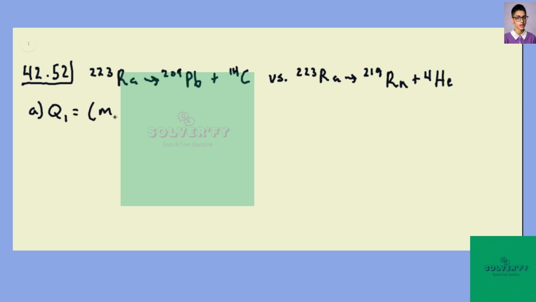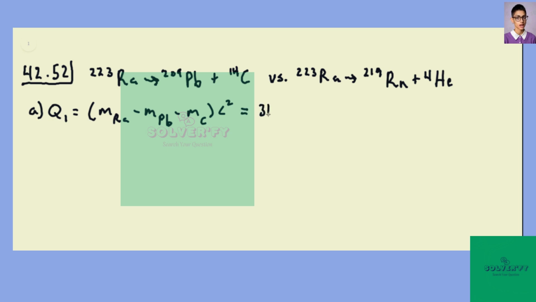So the disintegration energy for the first one here is the mass of our radium minus the mass of our lead and carbon times c squared.